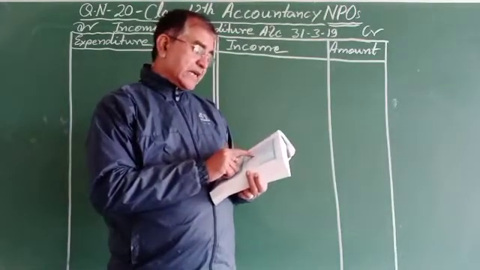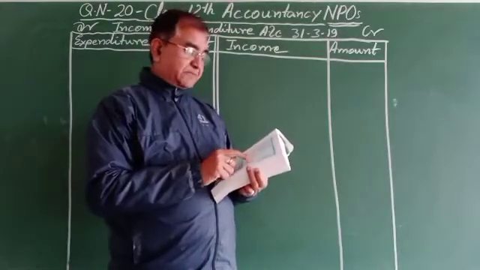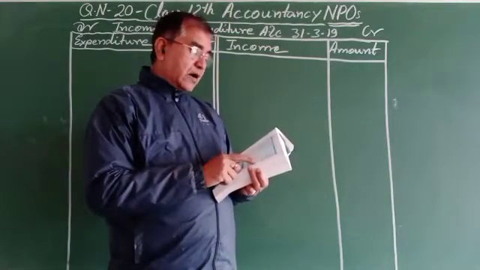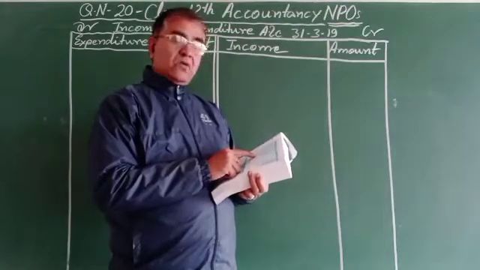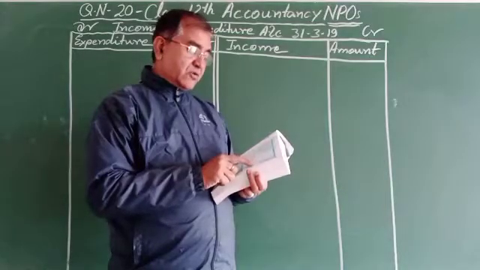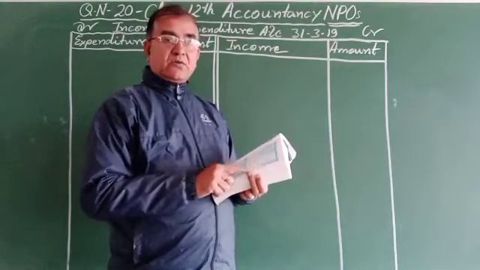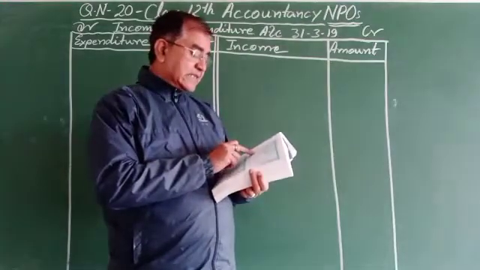Subscription outstanding of the current year is 4,500. Rent outstanding for the month of March 2019 is 1,000 and payment for stationery is also due for the current year, 250 rupees.